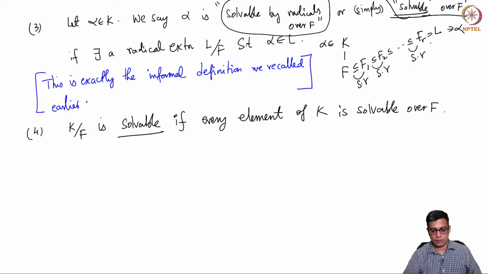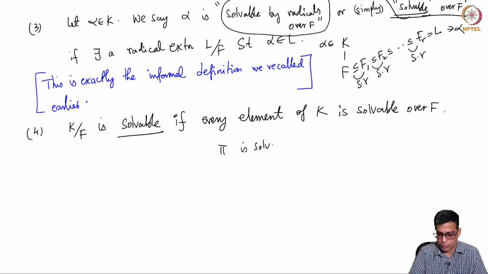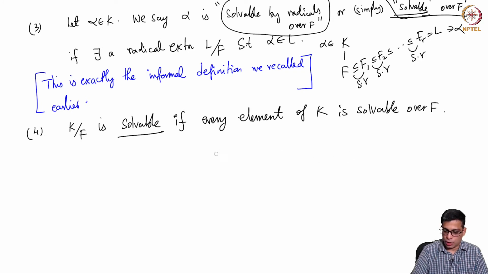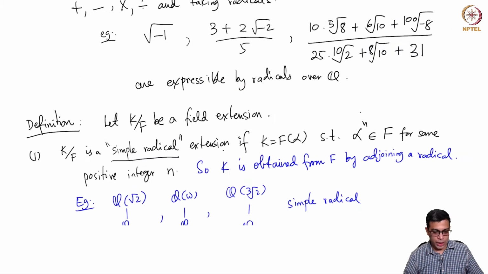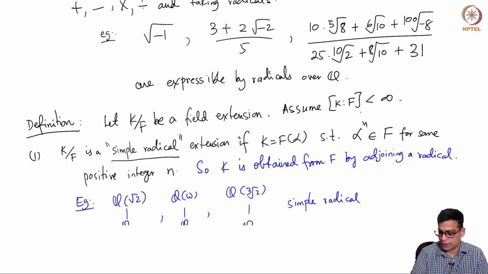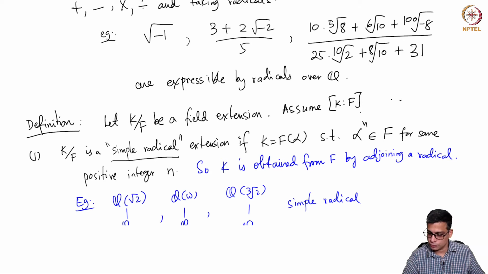For example, pi is not even algebraic over Q, whereas it is solvable over a bigger field. It is a simple example, but not over Q, because it is not even algebraic. So, I really should take an algebraic extension, but I am going to even assume that it is a finite extension for the last part at least.